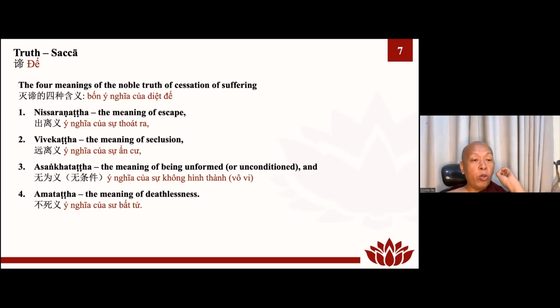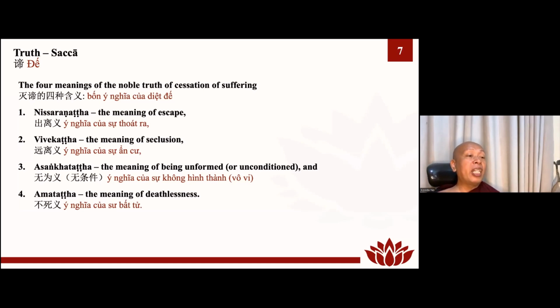We just know Nibbana. We don't take aggregates as an object anymore. Not only that, our minds are free from defilements. This is also called Viveka. So that is Vivekata, the meaning of seclusion. Okay? This is also a name of the cessation of suffering.